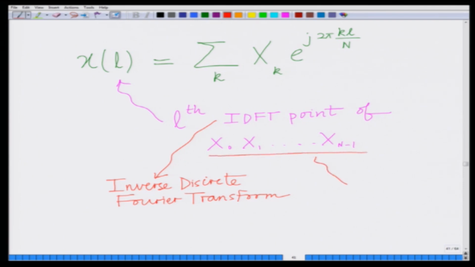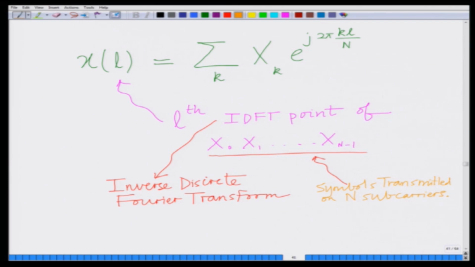These X0, X1, X n minus 1 are the symbols transmitted on the different subcarriers, as we have already seen, the symbols transmitted on the n subcarriers.